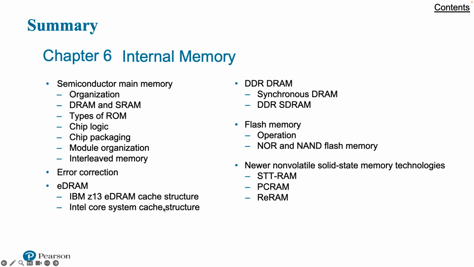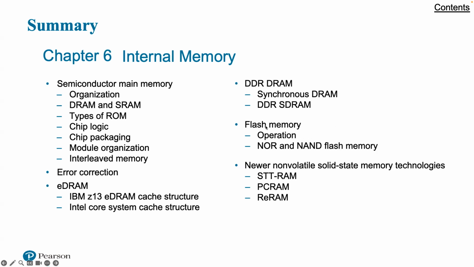and so this is getting a sweet spot for caching structures. And we saw how that was used for caching and pseudo caching. We saw double data rate DRAM, so DDR DRAM, and in that area we also saw synchronous DRAM and different levels of DDR 1, 2, 3, and 4.